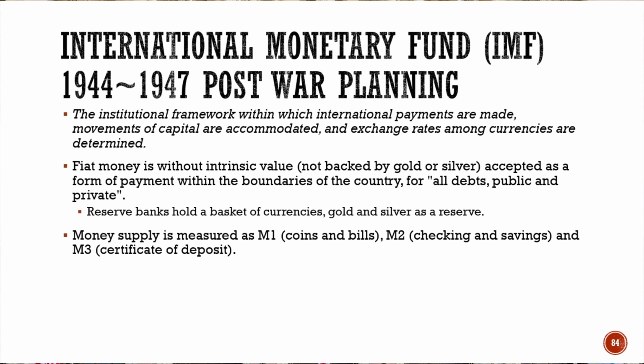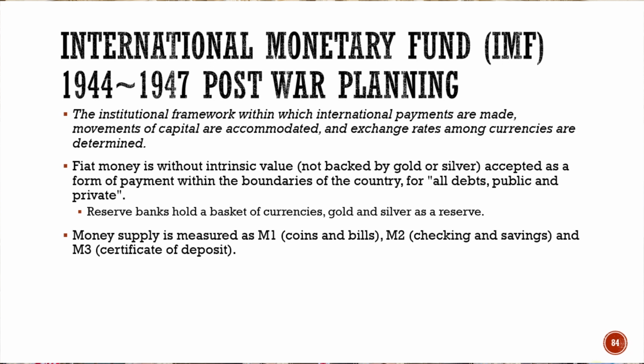It was also during that period of time that they came up with the idea of fiat money, which didn't have any intrinsic value, not backed by some sort of gold and silver, but indirectly was backed by all the abilities of a nation state to pay all debts, public and private. And we should not forget about the part where the government has the ability of taxation to raise funds.